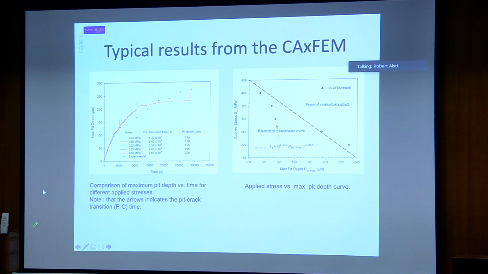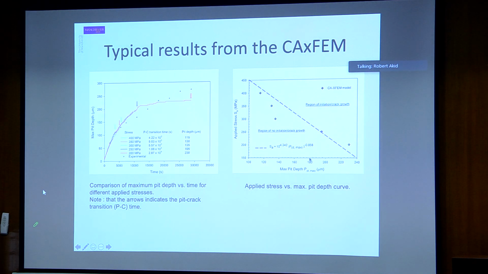and no initiation, and that would indicate that if we had a pit of a certain size, for example 140 microns, then the applied stress to be in the cracking regime is above 350.